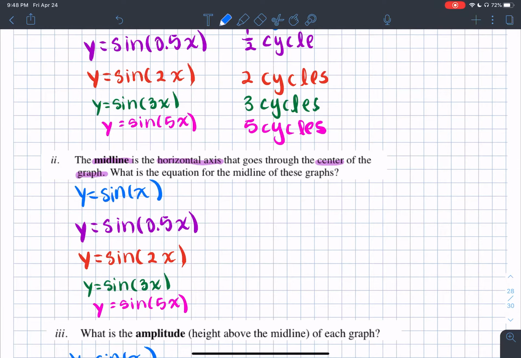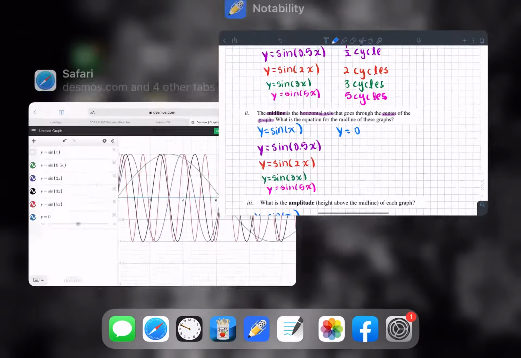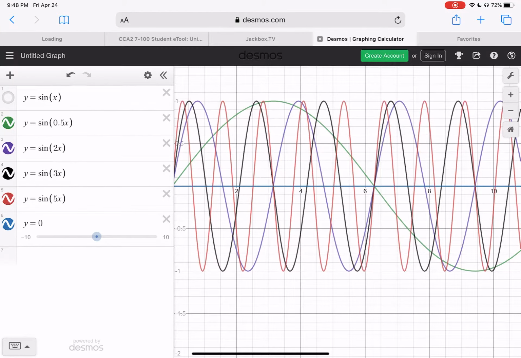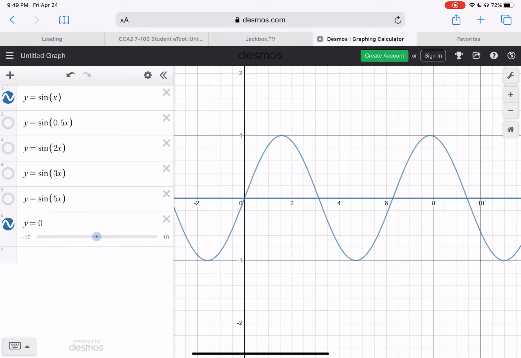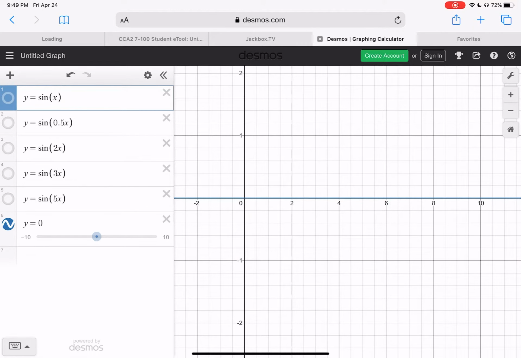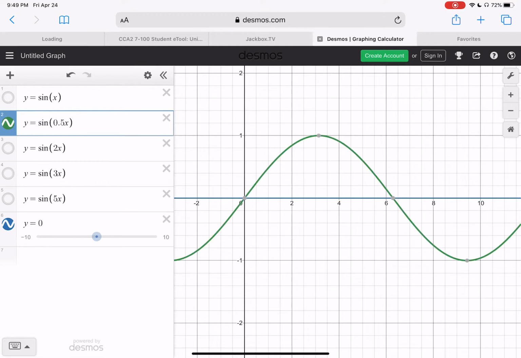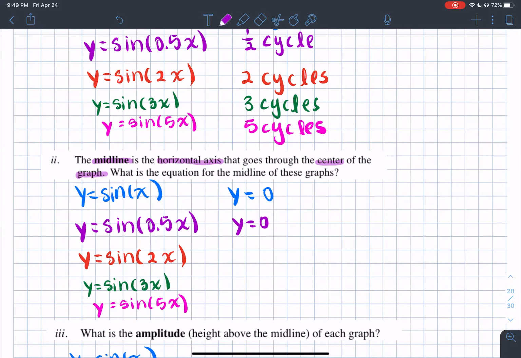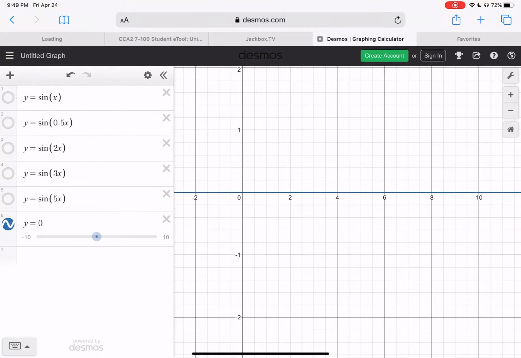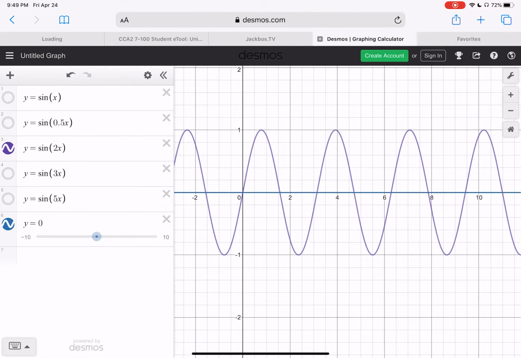We already found that the midline of y equals sine of x is y equals 0. If we go back to our graph, we can change our window so that it's y equals 0 for sine of x. That's the line that divides it directly in half. Let's look at all the other graphs. For y equals sine of 0.5x, the line that divides it directly in half happens to also be y equals 0. For y equals sine of 2x, again, it's y equals 0.